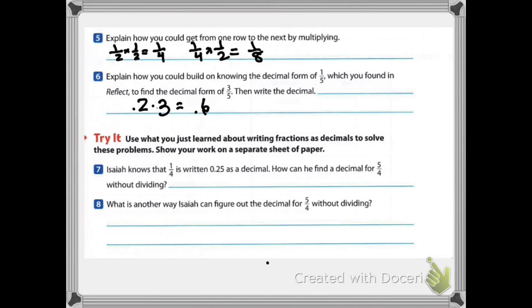Isaiah knows that 1/4 is written as 25/100ths as a decimal. How can he find the decimal form for 5/4 without dividing? Well, if he knows that it's the same as a quarter, right? If I have 1/4, and that's 25 cents, what is it worth if I have 5 quarters?